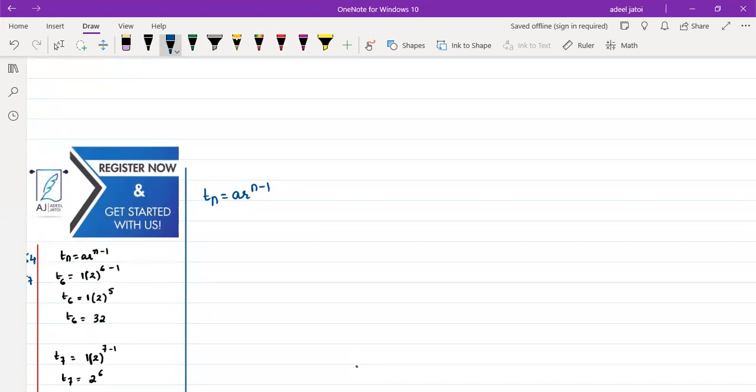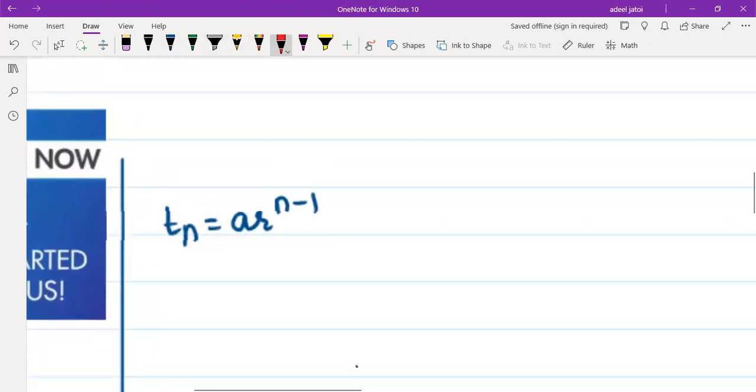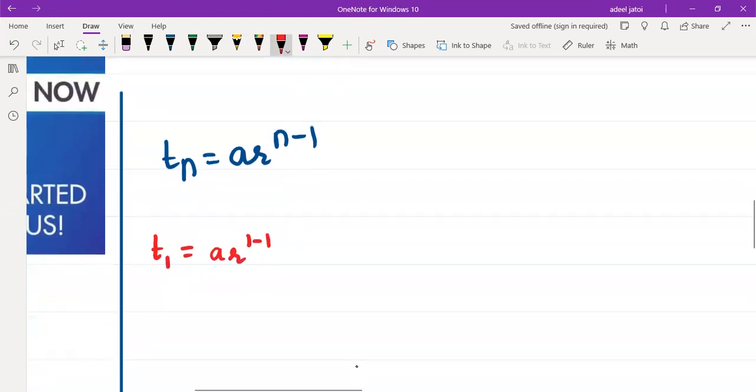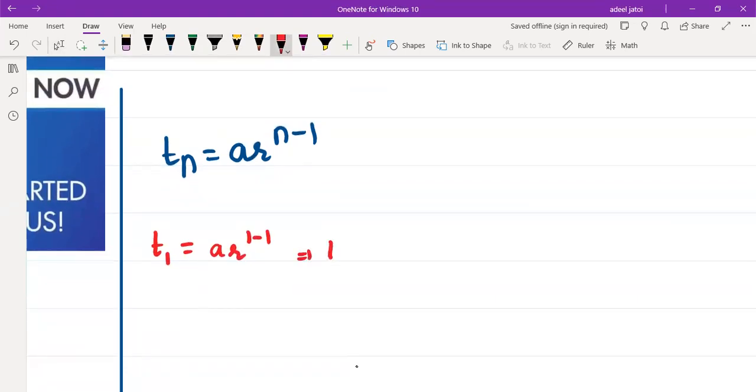If it was the 15th term, you used to say it was A plus 14D. So here is a similar case to AP, that if there is the first term, A R^(1-1), which means this should be T1 is A R to the power 0. Anything to the power 0 is 1. So T1 becomes A.